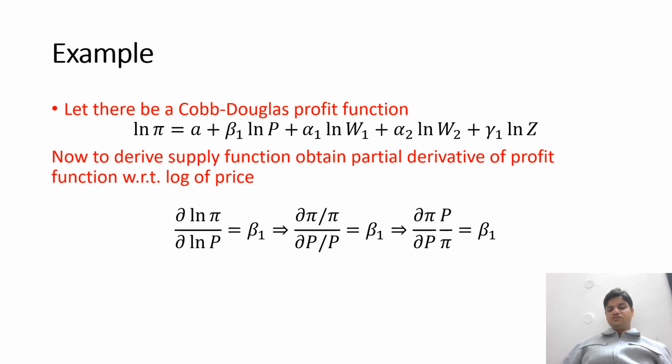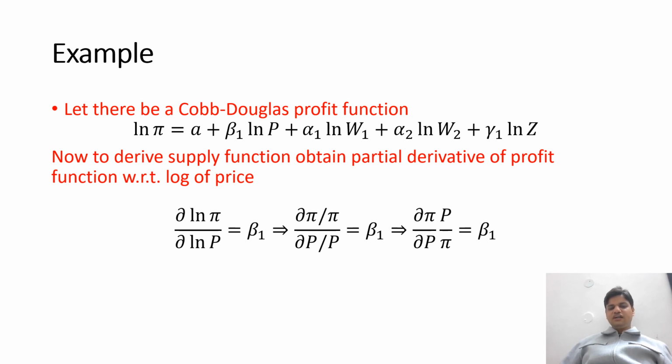Then in this case you have to use partial differentiation, because partial differentiation is total differentiation while keeping other factors constant. So when you are doing partial differentiation of log pi with respect to log P, then W1, W2, the prices of factor 1 and factor 2, and Z, the quantity of Z, all these are assumed to be constant.